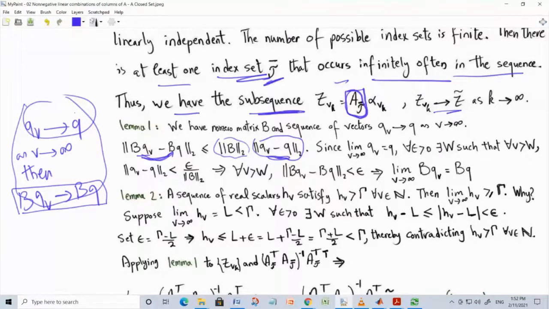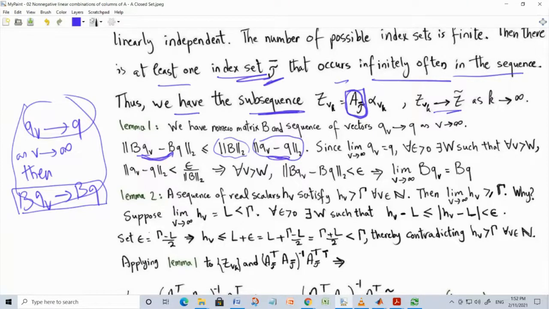What else we need? The second thing is again a statement that you take like in a first course on calculus or real analysis, that if you have a positive sequence that converges, then the limit is either positive or at worst the limit is 0.